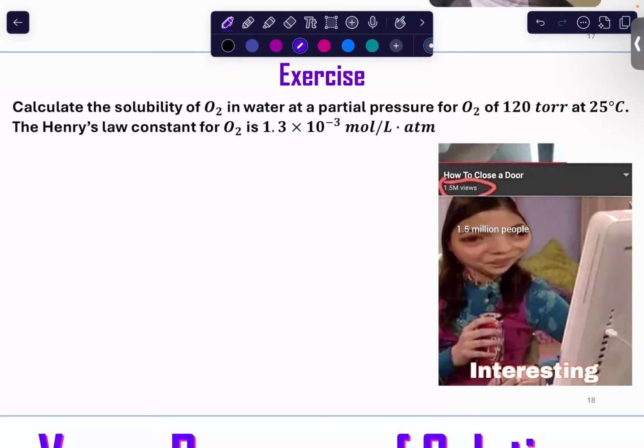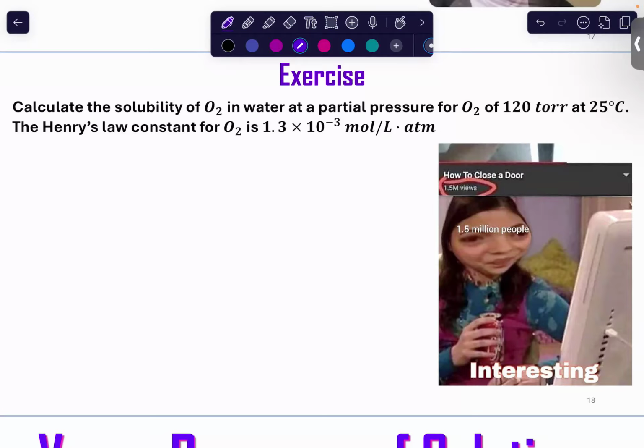Let's see. K is your Henry's law constant. Now pay attention to the constant and the pressure you're given. What do you have to do to those? Yep, you have to make a match. So the torr has to become atmosphere. No, the temperature is not going to play into this one.